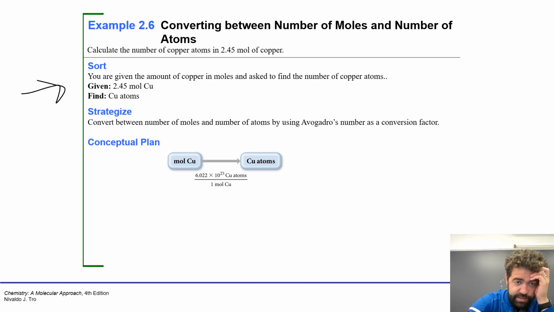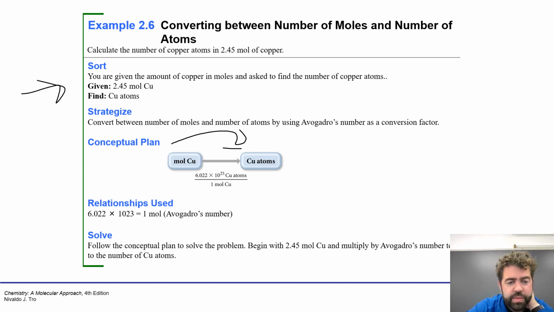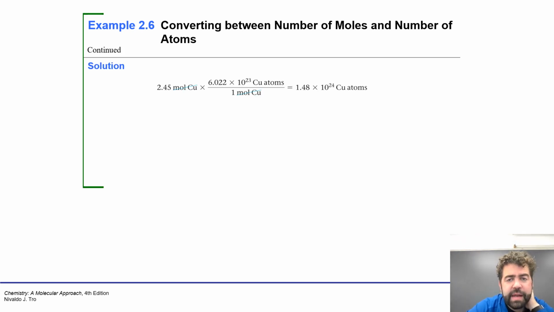So the conceptual plan, our flow chart, is right here. That flow chart would say I want to go from moles of copper to copper atoms. So I'm using that conversion rate, but exactly how am I using it? Well, let's go to the next slide, and we would see that I start with what I was given, 2.45 moles of copper. Since moles of copper are on top, we put moles of copper on the bottom, we flip it, and then we take it right there. We multiply these things.